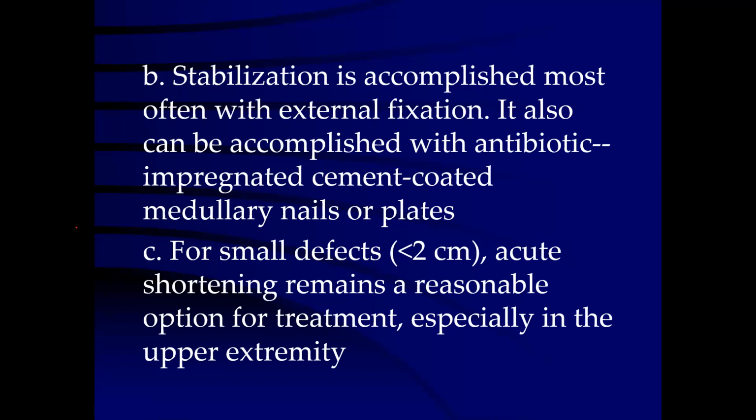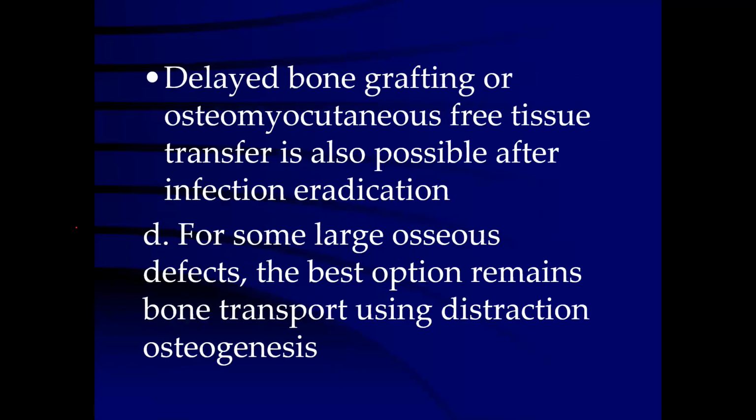For small defects, less than 2 centimeters, acute shortening remains a reasonable option for treatment, especially in the upper extremity. Delayed bone grafting or osteomyocutaneous free tissue transfer is also possible after infection eradication.